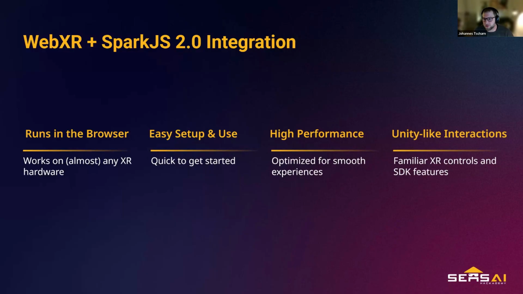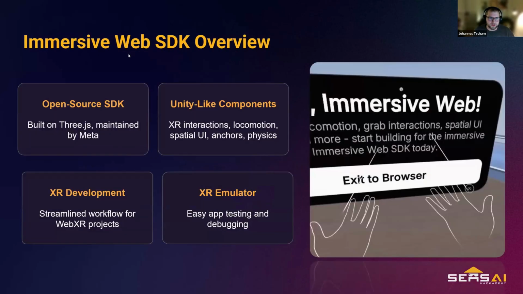And I'll get into the Unity-like interactions as well, because out of the box, WebXR provides you with hand tracking and controller tracking. But for those of you who've worked with the Meta XR SDK in Unity, you will also find familiar things that I'll get into now, which is the Immersive Web SDK, IWSDK, which again, you already see the pattern here, is built on the Three.js library, and it's maintained by Meta.